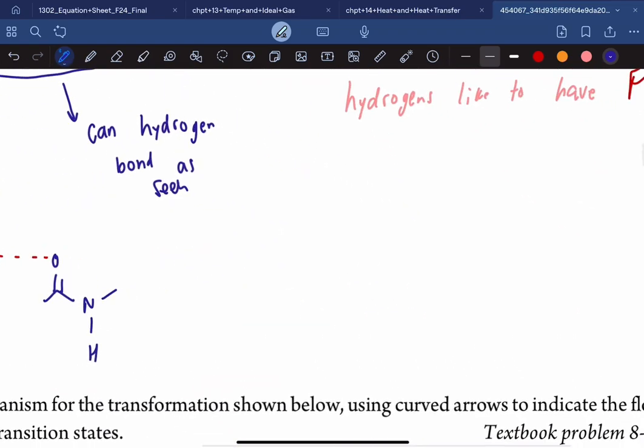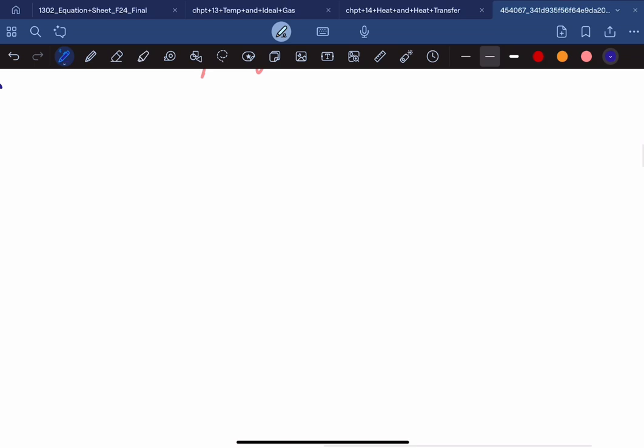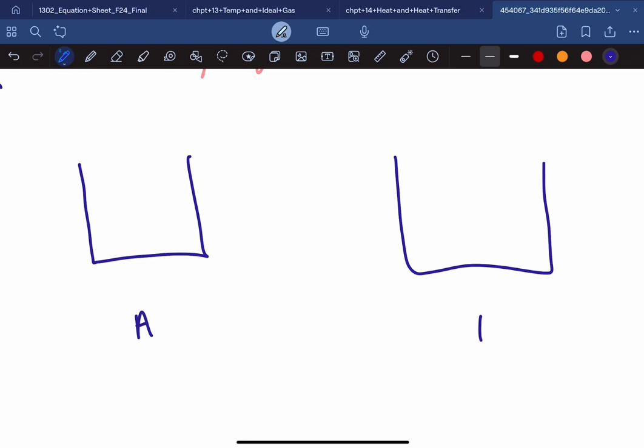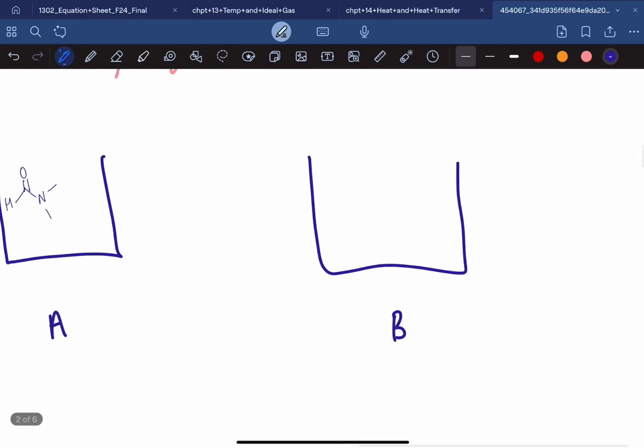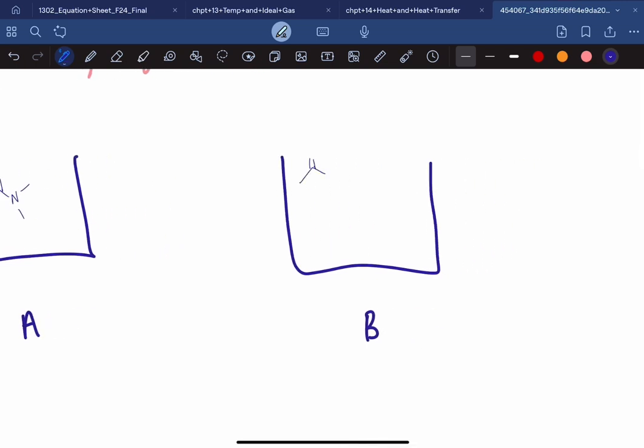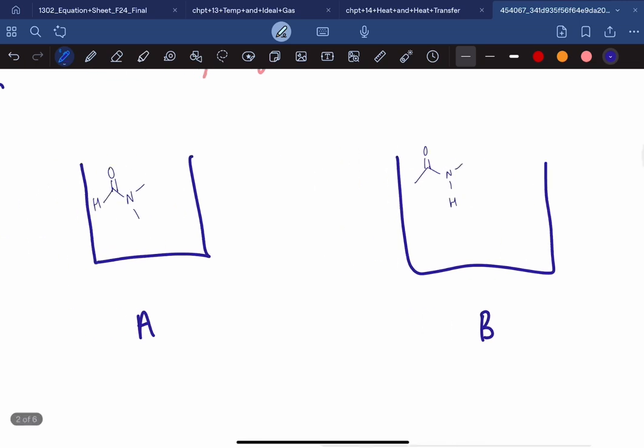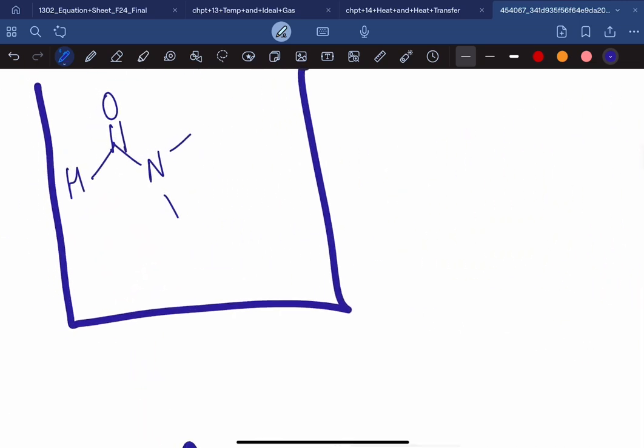To really hammer this idea though for you, because that might be unclear, imagine you have a flask of A and a flask of B, okay? What did A look like? A was something like, I hope this is right, something like this, I think. And then B was something like this. And then the N was here and the H was here. So basically inside of these flasks, let's say there's like 100 of these, and there's even more.